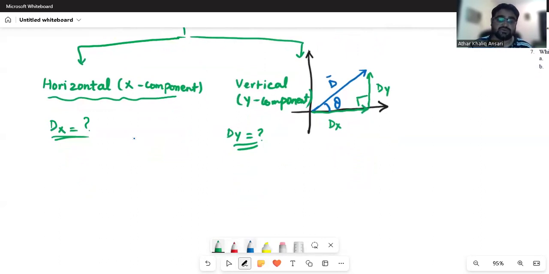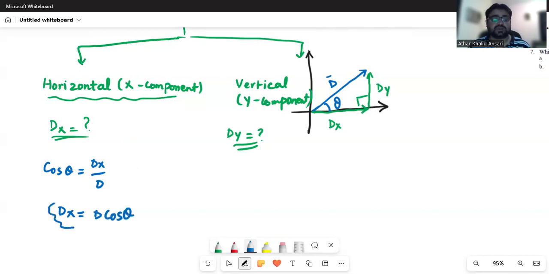So I am going to use cosine theta. Cosine theta is adjacent over hypotenuse. Adjacent is dx and hypotenuse is d. So I can say dx is equal to d times cosine theta.